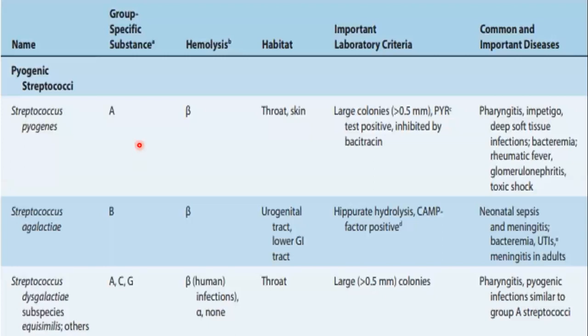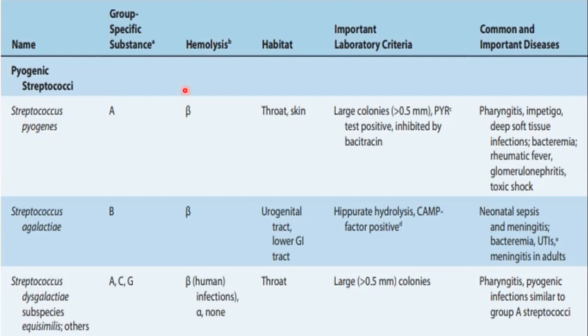So this table, these next two slides would actually summarize the entire discussion. I mentioned that groupings, or classification, may be due to serologic testing results, such that under serologic testing or group specific substance, we classify it into group A, B, C, G, among others.